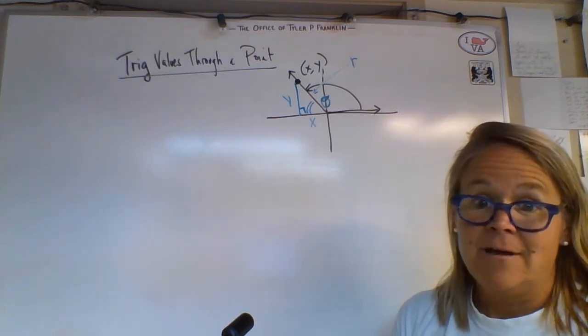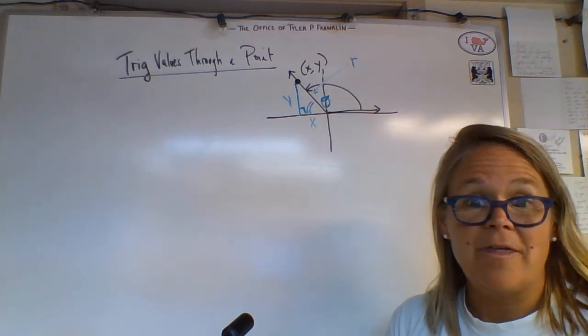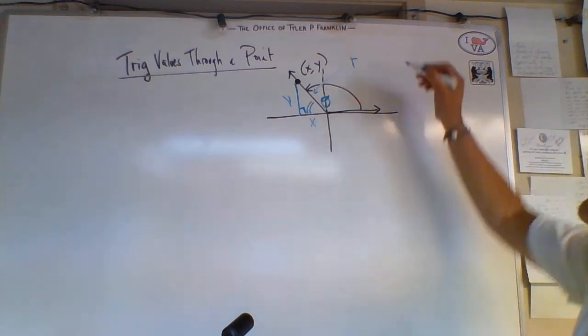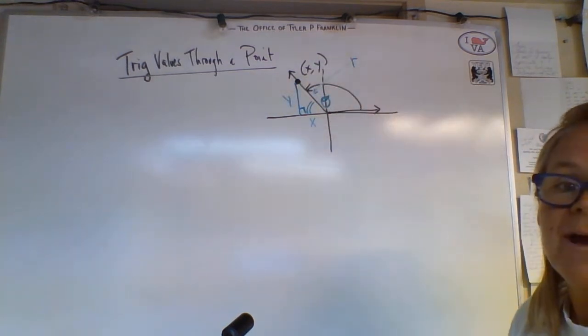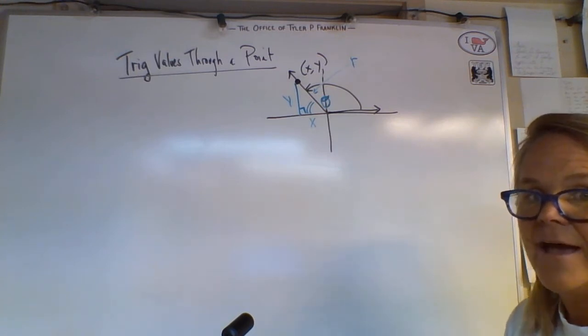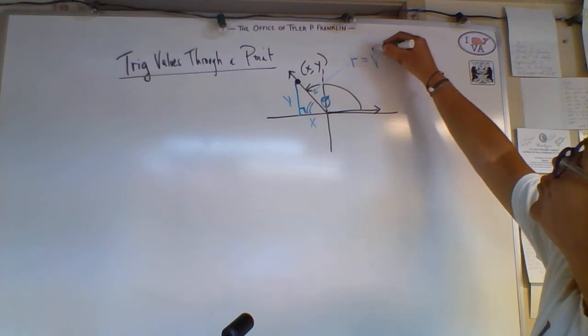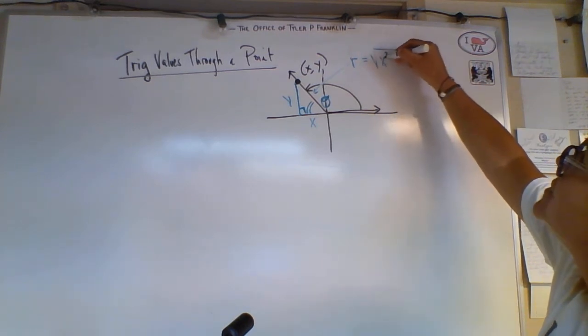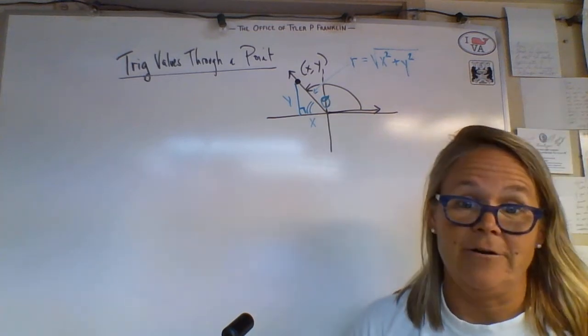I know the legs are x and y, so I'm going to use the Pythagorean theorem: a squared plus b squared equals c squared. You're always going to be square rooting the sum of x and y squared.